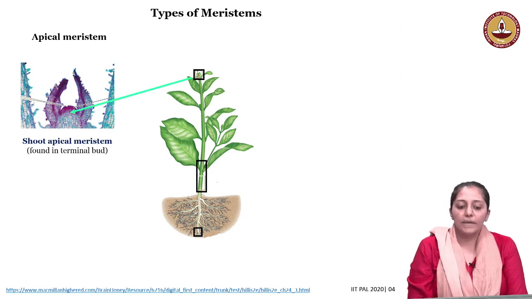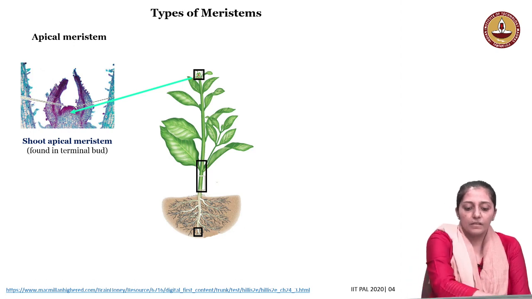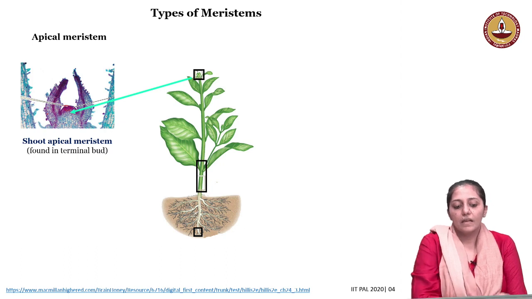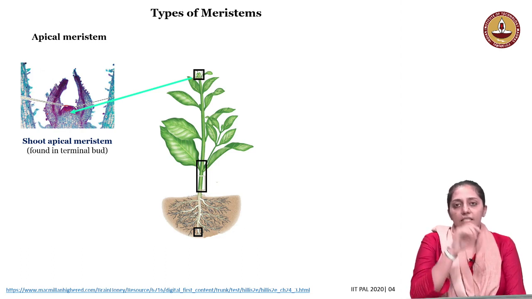There is a microscopic picture of the section here where you can see the shoot apical meristem shown by the green arrow here, this region. It is found in the terminal bud of the plant, responsible for the increase in the length of the top region of the plant.